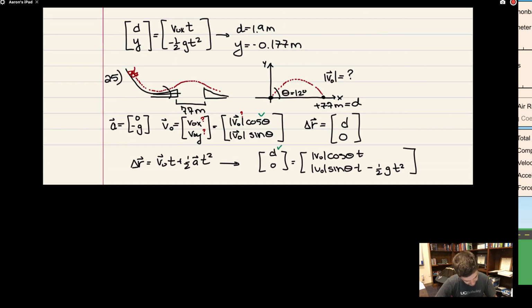I know d, I know cosine, I know g. I don't know the speed, and that's actually what I want, and I also do not know t, which is a pesky unknown in this case.